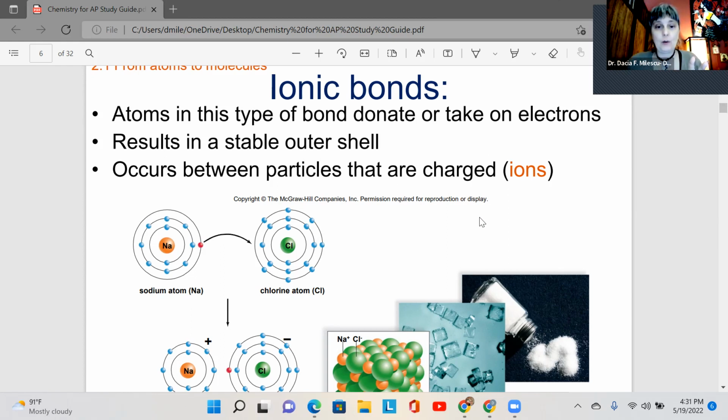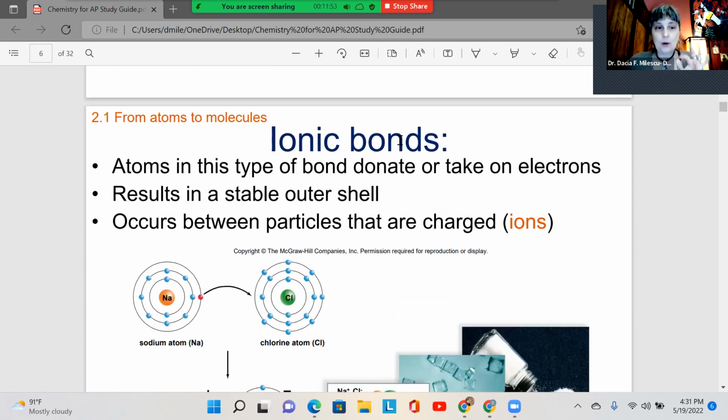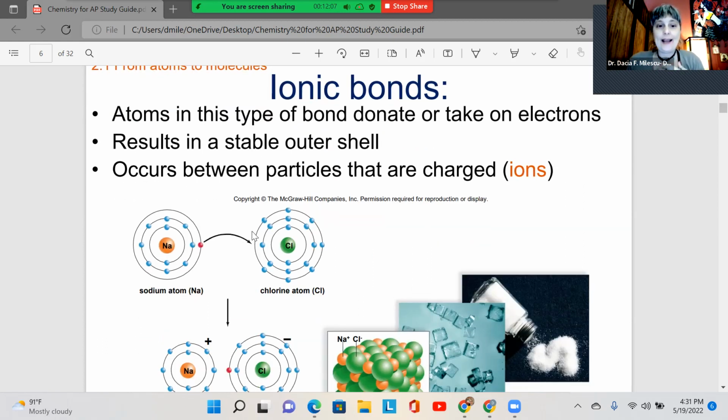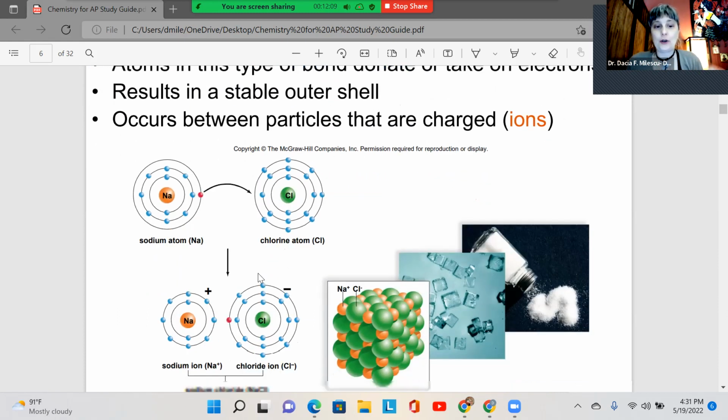Very different than what we're going to go over in a minute, covalent and all that. So ionic bonds are weaker bonds. Atoms of this type basically are donating or taking on electrons. So what's happening is the outer shell contains an electron that it can share or donate.